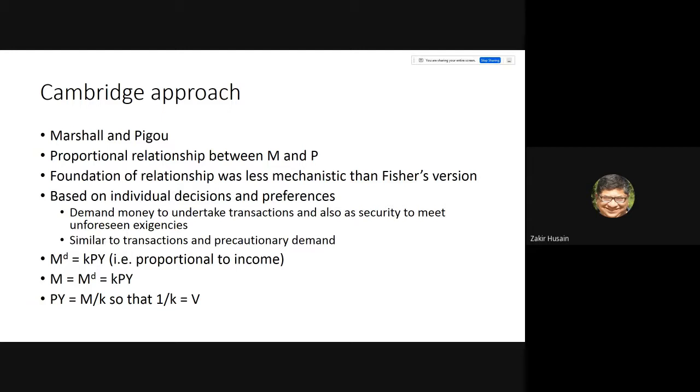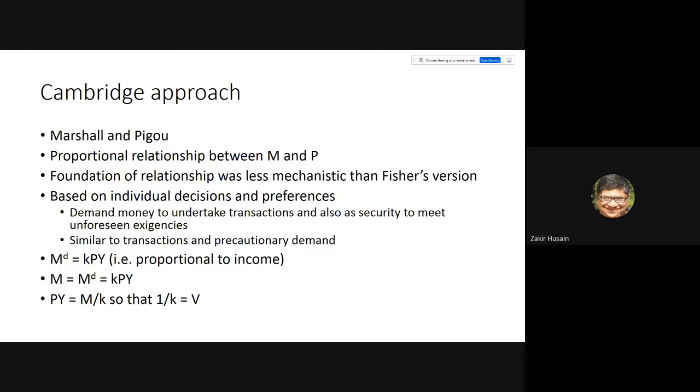In order to undertake transactions, you demand money. If you want to undertake more transactions, you require more money. At the same time, you can also have unforeseen emergencies. You may have an emergency, your requirement of money suddenly goes up. So you hold money to meet the foreseen transactions and also to meet emergencies.